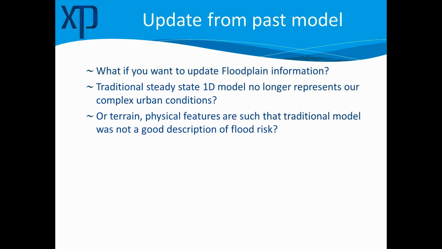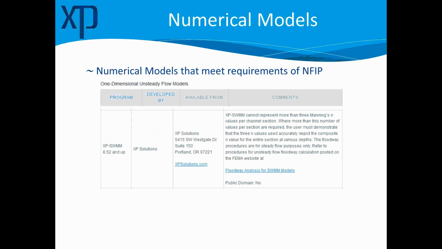There may be physical features that the traditional model just does not do a good job of describing the flood risk for us. So we want to update, and that gets us into the full dynamic model discussion and the typical application of the 1D, 2D floodplain study.